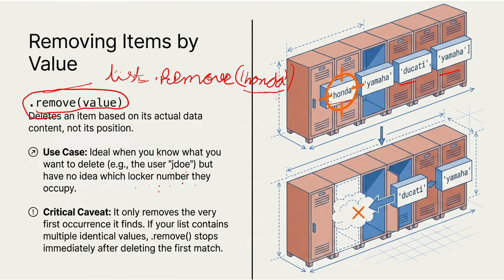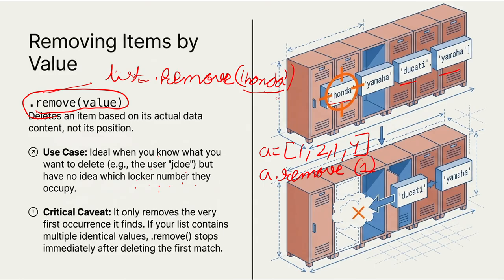Okay, if you have multiple Hondas, remove will always just remove the very first value it finds. To put it simply, suppose I have the list 1, 2, 1, 4, and I type a.remove(1).